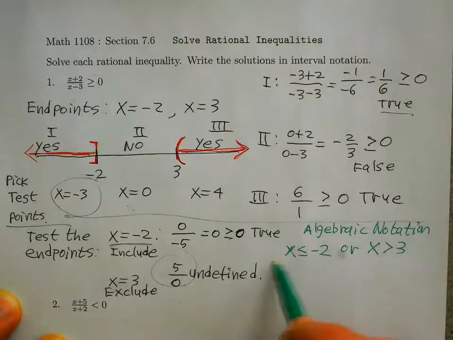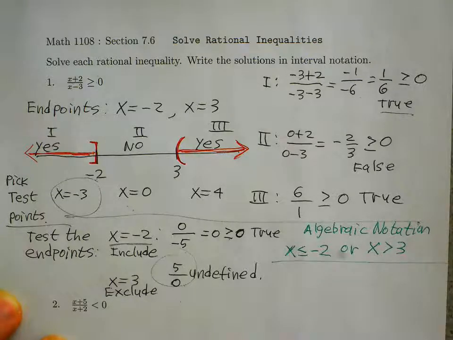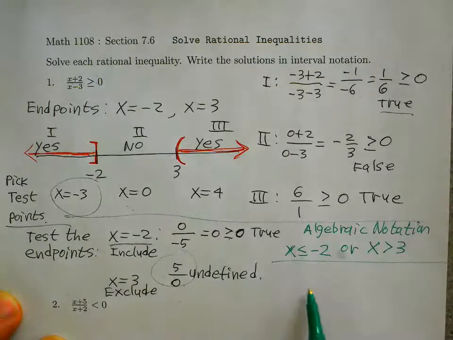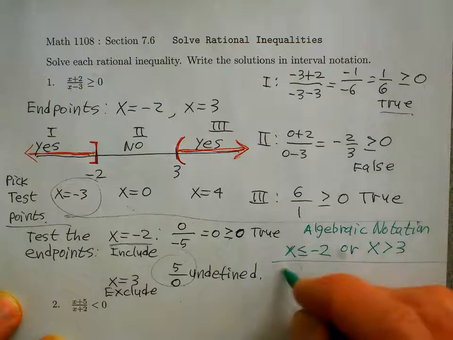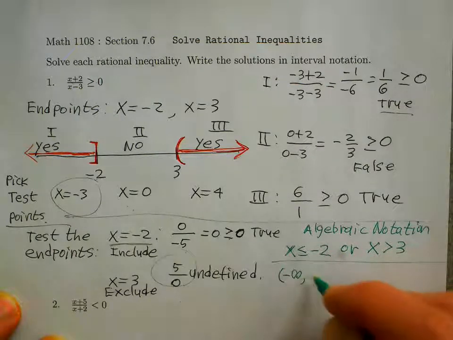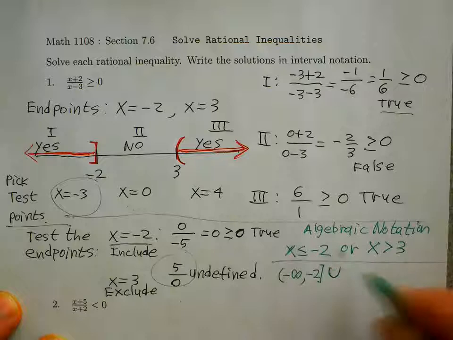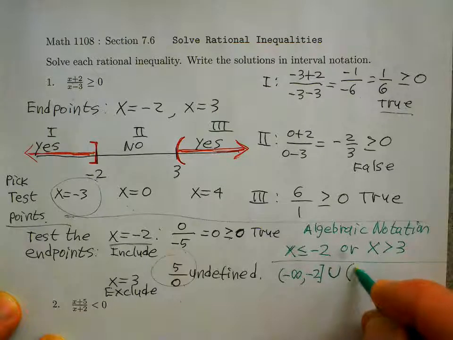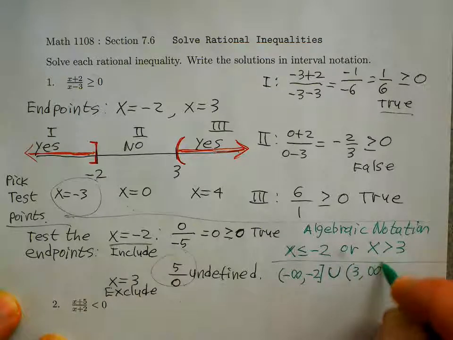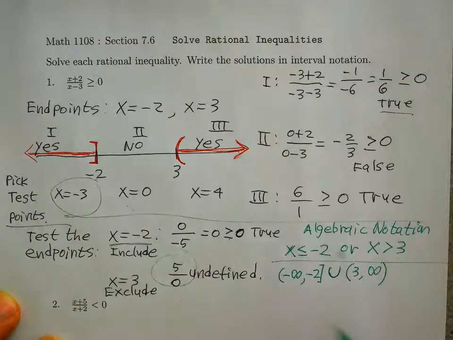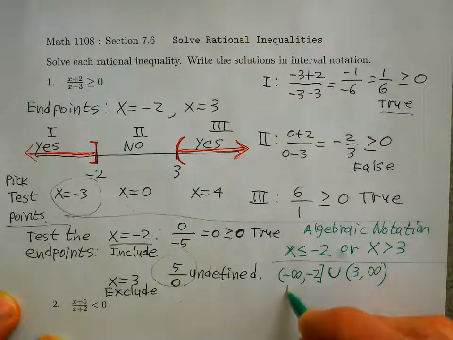This is the algebraic notation. And then the interval notation, we write parenthesis negative infinity, comma, negative 2, bracket, then the union symbol, and then parenthesis 3, comma, infinity. So this is the interval notation.